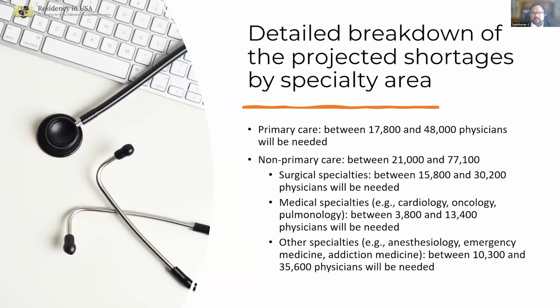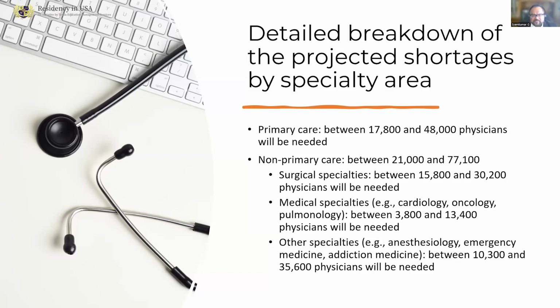Diving into more detail, here is the breakdown of the projected shortage by specialty area. Primary care is around 17,800 to 48,000 physicians. I already told what primary care is. Non-primary care is between 21,000 and 77,100. Surgical specialties 15,800 to 30,000.